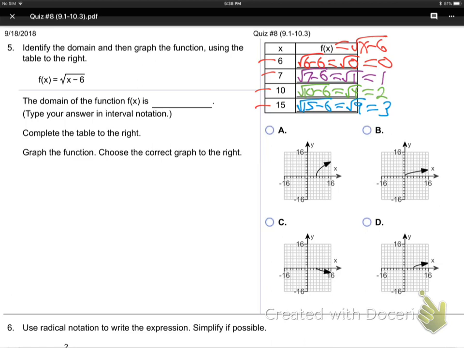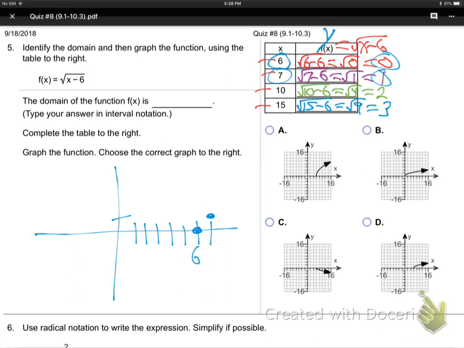So if we put those values on a graph, this is an x, and these guys are y values, right? Function values are y values. So over 6, up 0. 1, 2, 3, 4, 5, 6, up 0. Over 7, up 1.